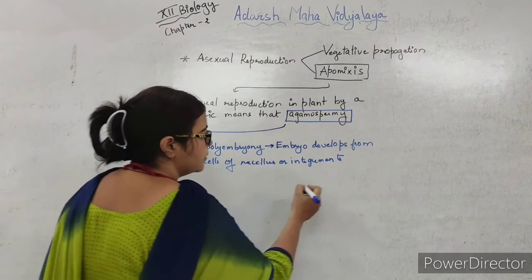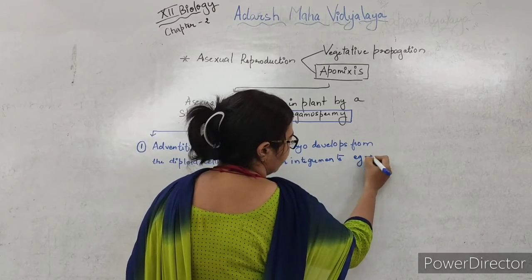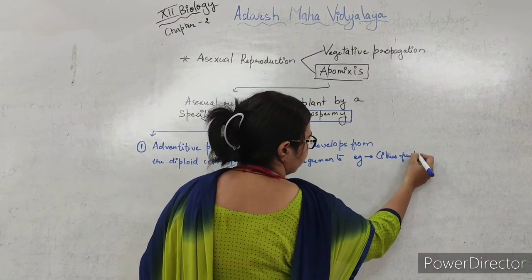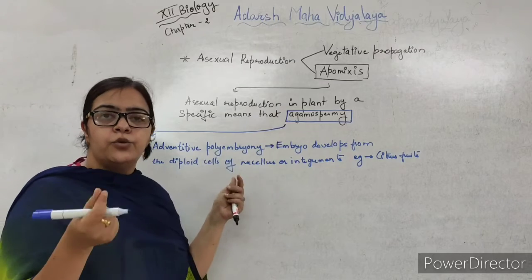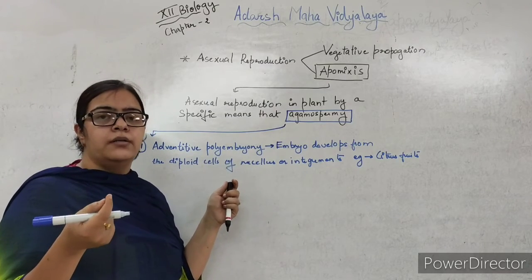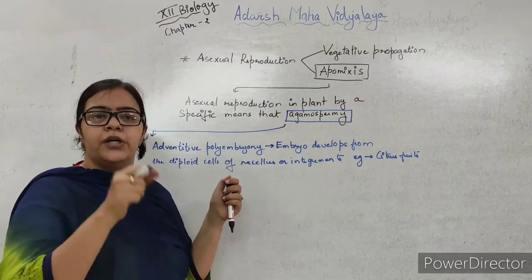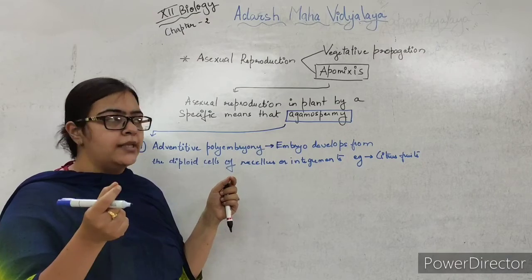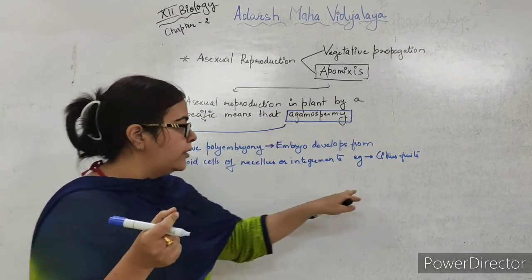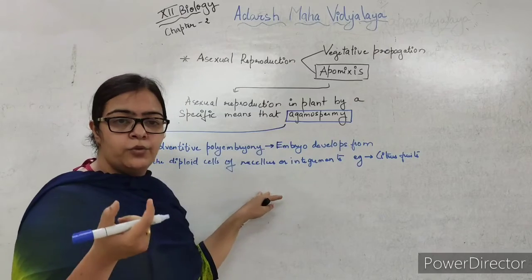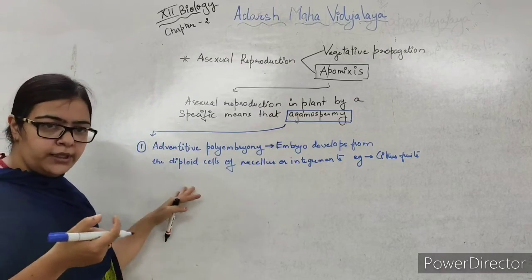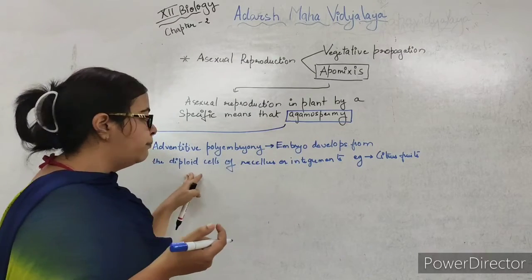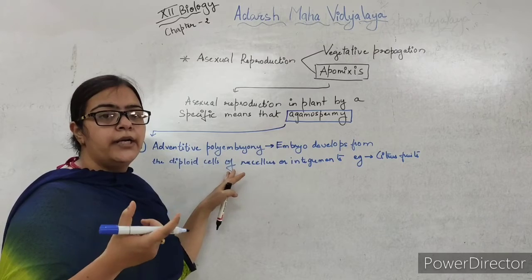The example here is citrus fruits. Here you can observe that when you squeeze a seed from an orange, and remove the outer layer of that seed, you will see pieces of the seed. Those pieces are nothing but the embryos, many embryos that are formed by adventive polyembryony. So adventive polyembryony is nothing but when embryo develops from the diploid cells of nucellus or integuments.